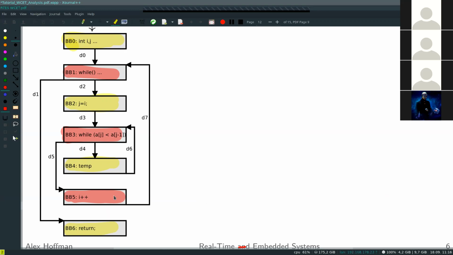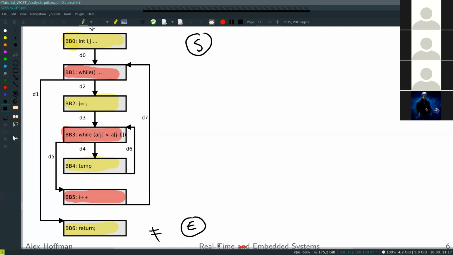A cache conflict graph has the form of some start node, S, and at the bottom some end node. This just represents the beginning and the end of the program, or the code that you're analyzing. So this doesn't necessarily mean BB6; these are not the same.